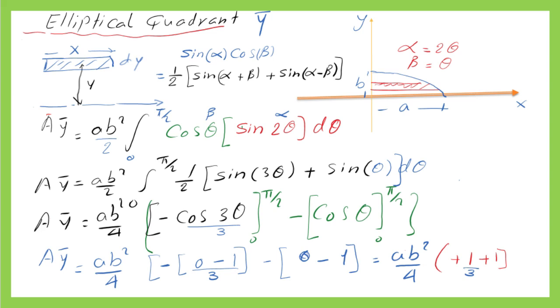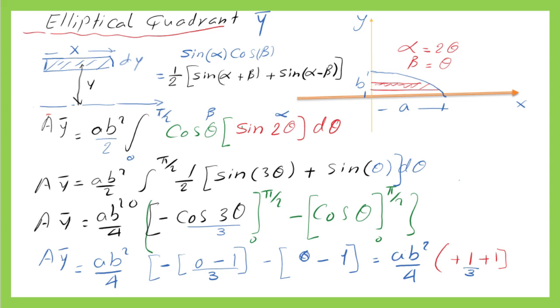Cosine pi over 2 is 0, again minus cosine 0 is minus 1. At the end we have ab squared over 4 open bracket, we have 1/3 plus 1, which is 4 over 3, multiplied by ab squared over 4.